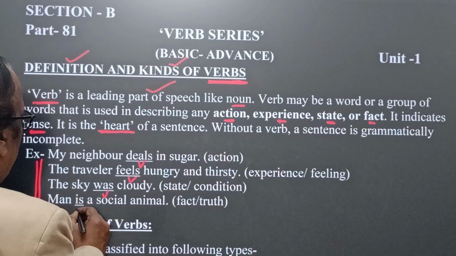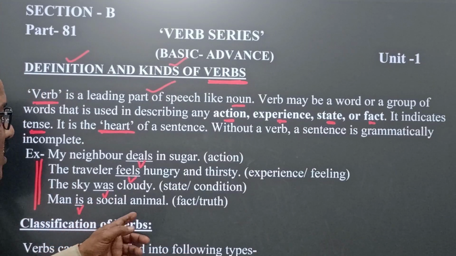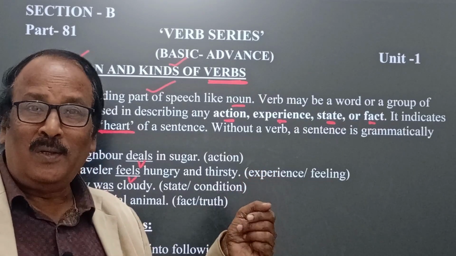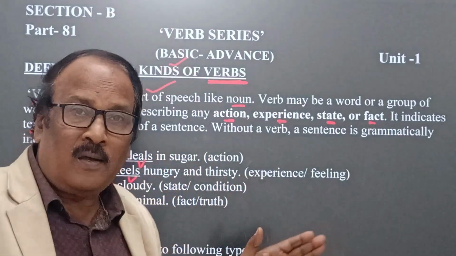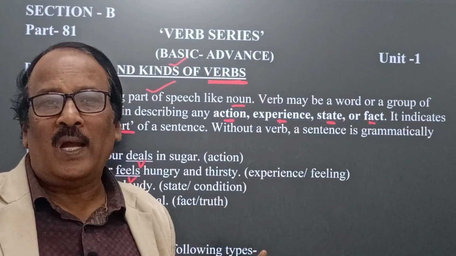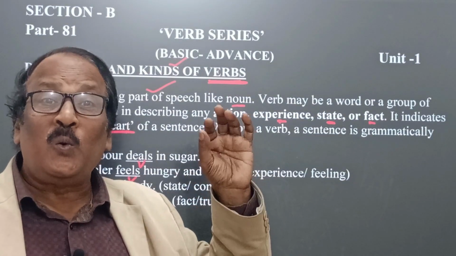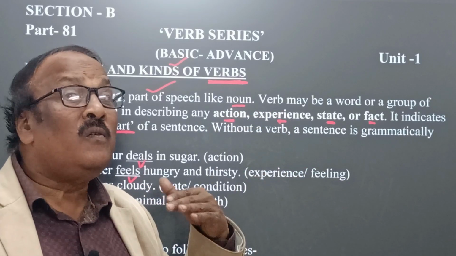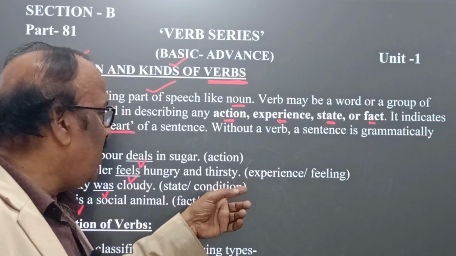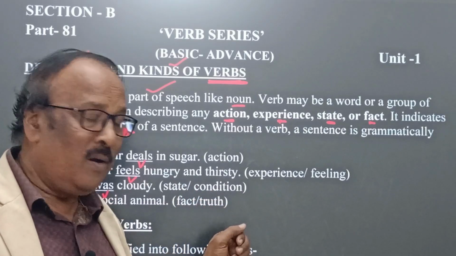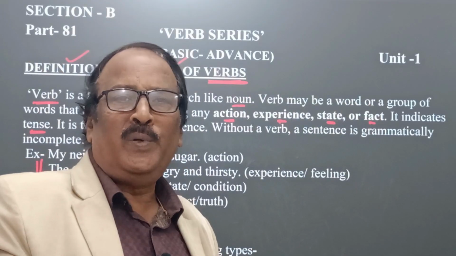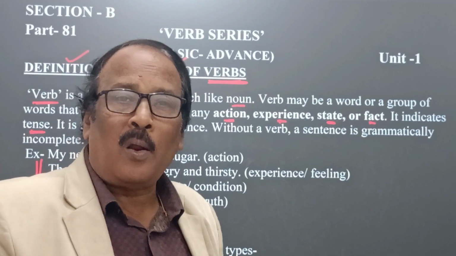Man is a social animal. Here is is the verb, and this is the fact or the truth. Therefore, it is clear from these examples that a verb doesn't only express action, it also expresses feeling or experience, state or condition, fact or truth. This is the larger definition in connection with the verb.